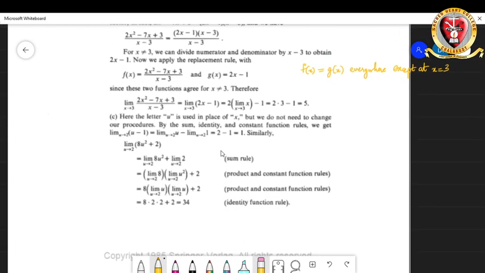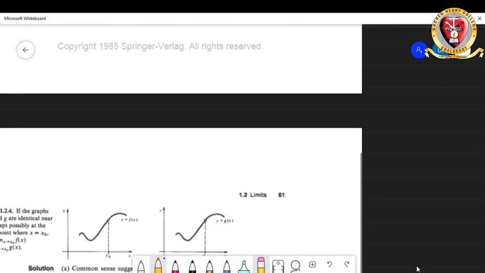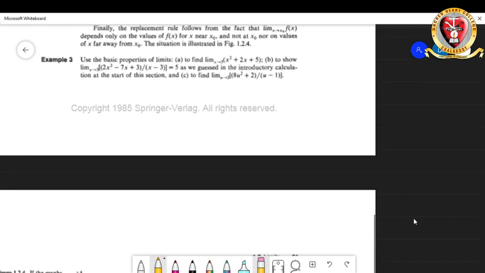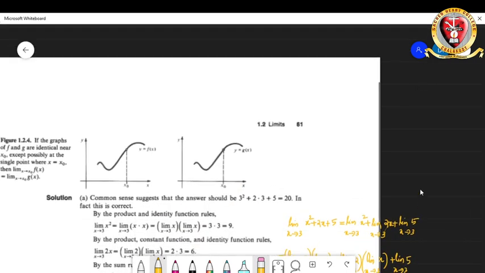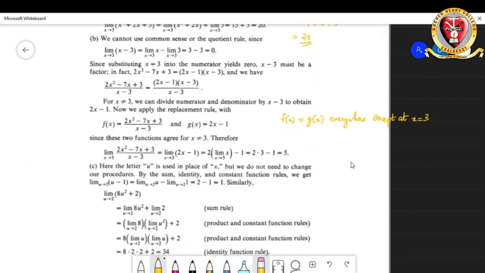The question is very simple. 8u square plus 2 divided by u minus 1, where limit u is tending to 2. So this is the question.